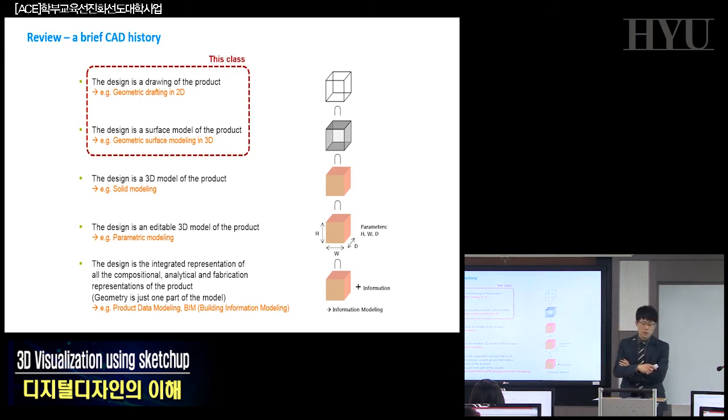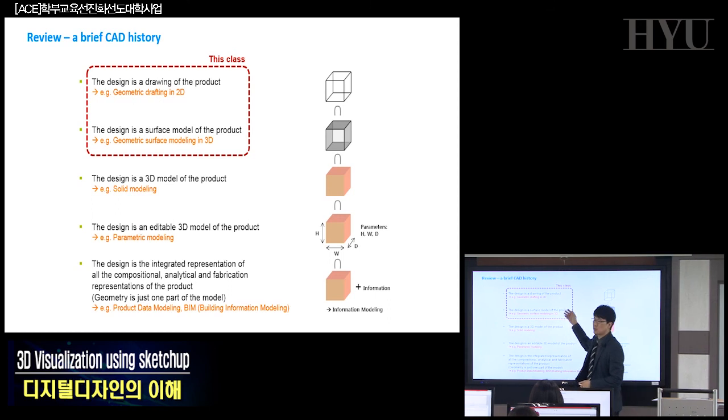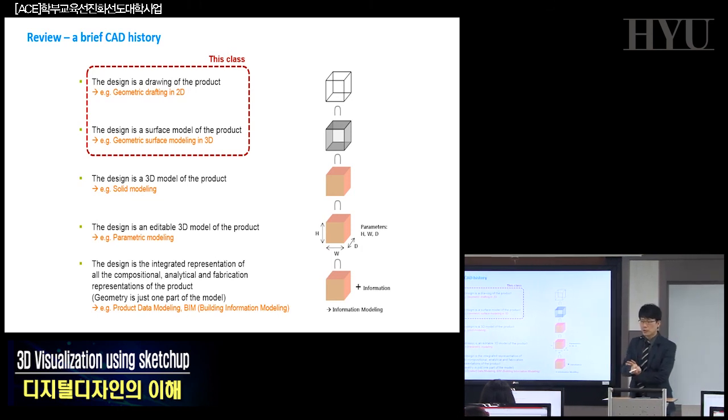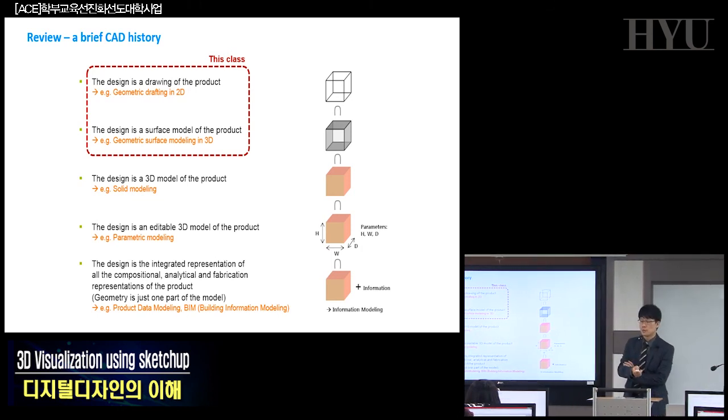But we are dealing with this part: 3D surface-based model, especially using SketchUp, and 2D drafting, mostly using AutoCAD. But I told you, we're gonna deal with SketchUp first, and then AutoCAD, okay? That is why today's topic is SketchUp, surface-based 3D model.